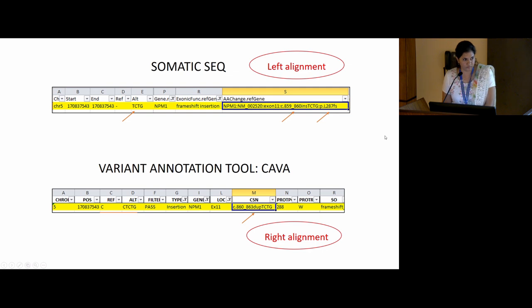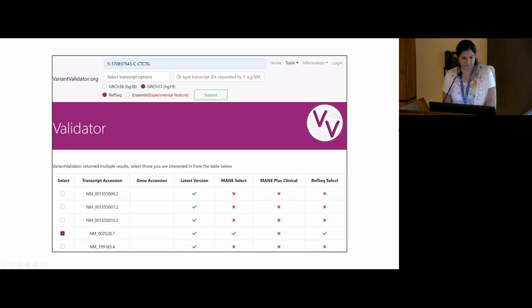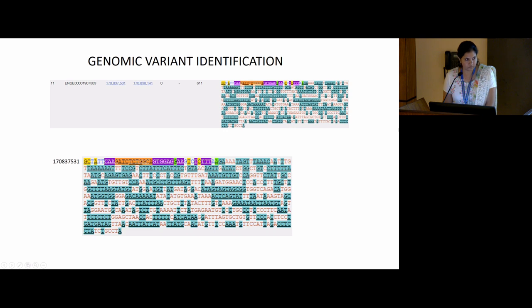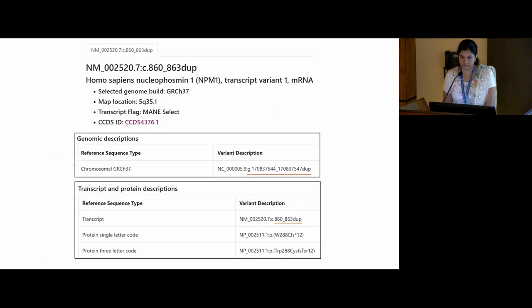So whenever you are doing your cases with an indel, always cross-check with Kava. Either do it manually or look at Kava. We have incorporated this in our pipeline so that when we get the Excel, it is already there.